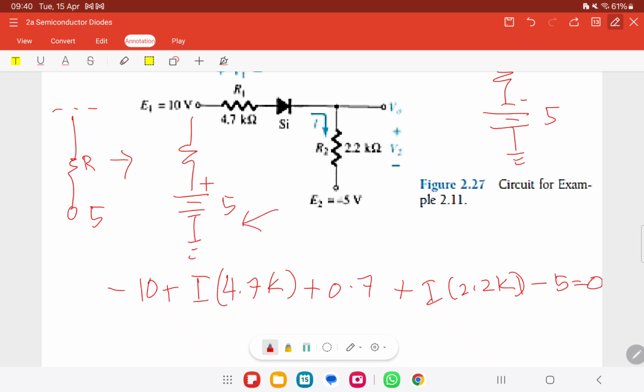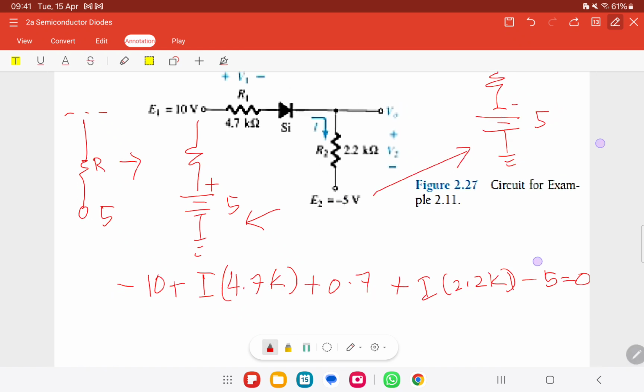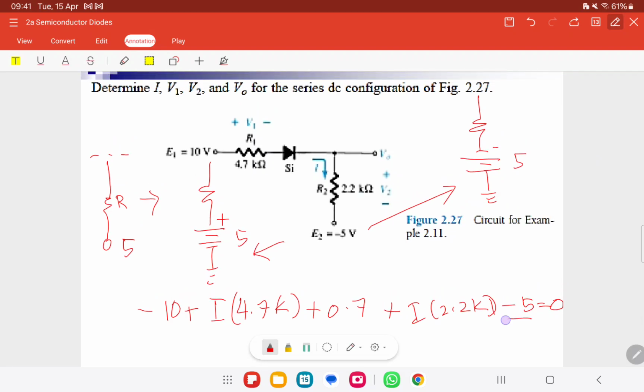If we have the positive, kalau positive 5, dia akan jadi macam ni. We have one battery kat hujung sebelum pergi ke ground, before we go to the ground. But now we have the negative, so dia akan jadi like this one lah. Okay, so in the circuit kita mesti minus 5. Boleh?